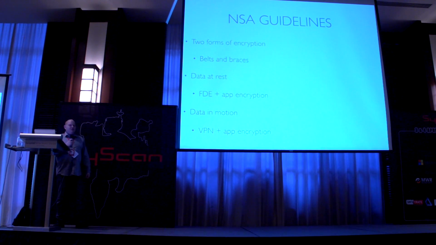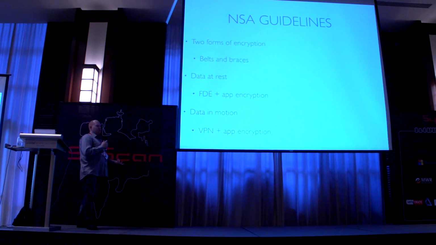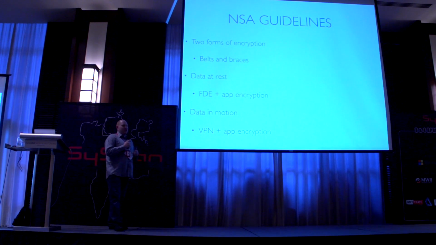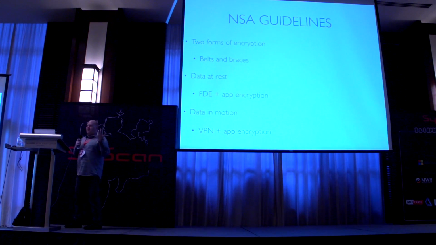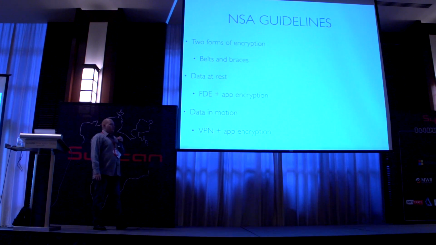For data in motion, it's the same thing. You need to have a base level of encryption and then the application to do encryption as well on top of that. So this is very easy. You have a VPN and then you have your app level encryption on top of that. So it's pretty straightforward to mimic. We can do this with all open source stuff, which is cool.